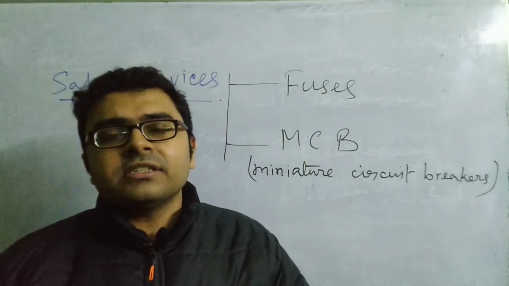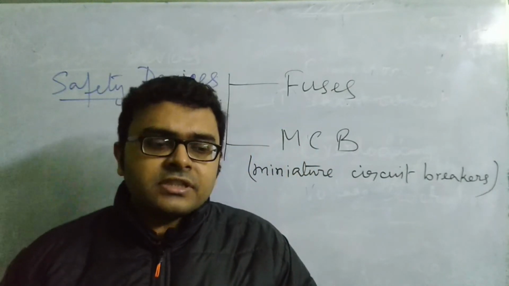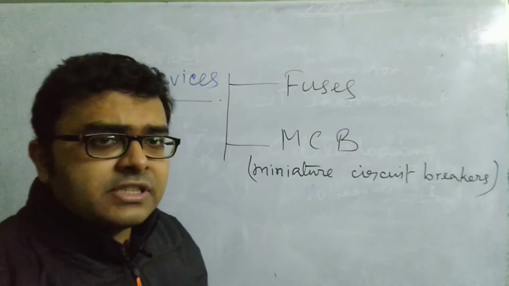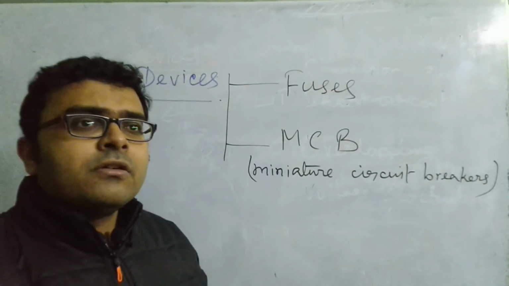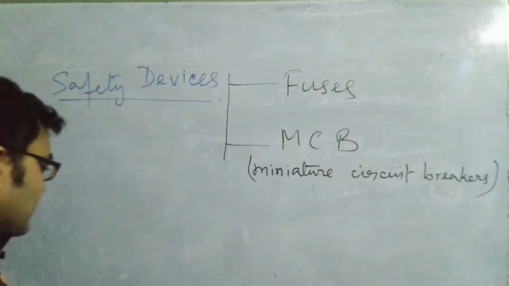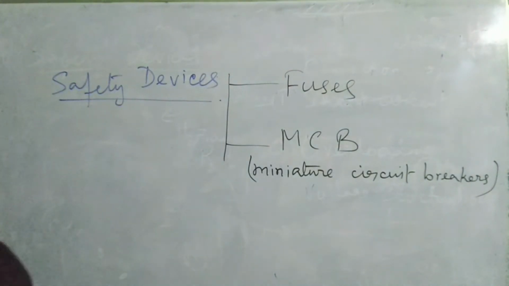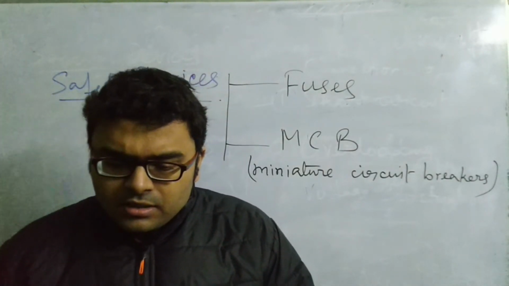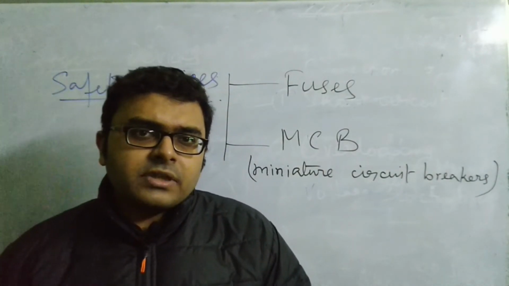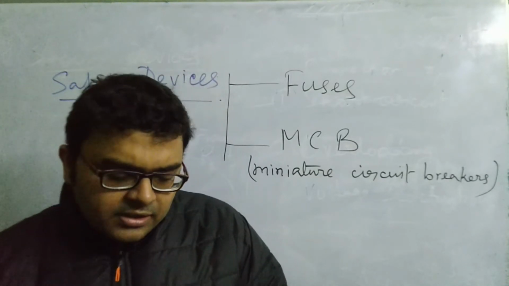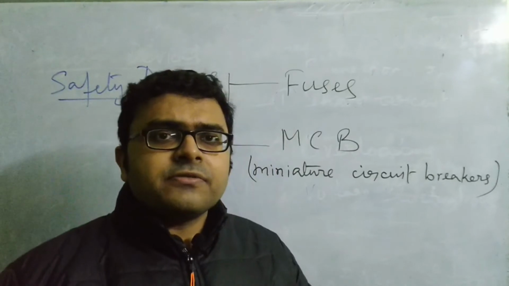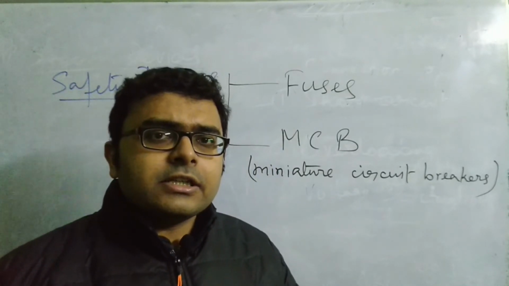Those two actually are the fuses. In the main switch, there are two fuses being used. One is directly connected to the live wire, and the other one is directly connected to the neutral wire. So it's for extra protection. But other than the main switches, the fuses are mainly connected to the live wire.